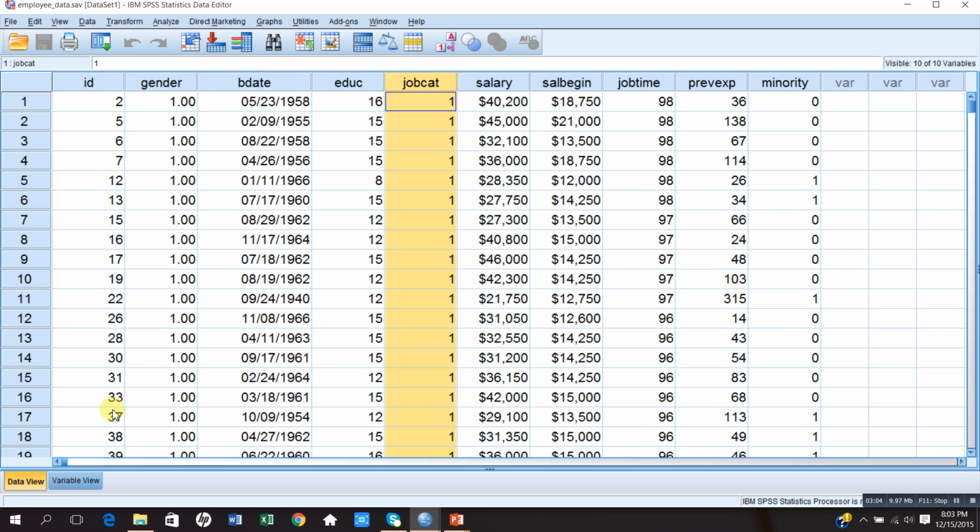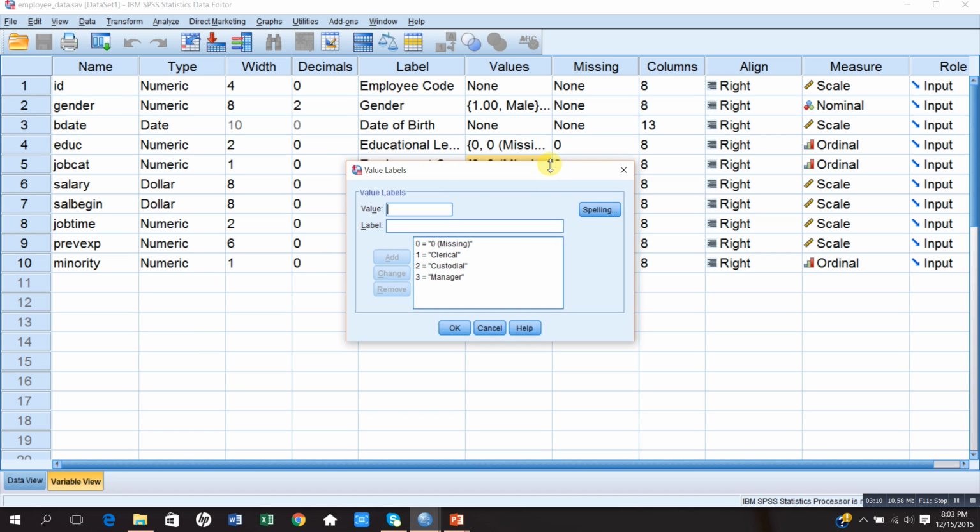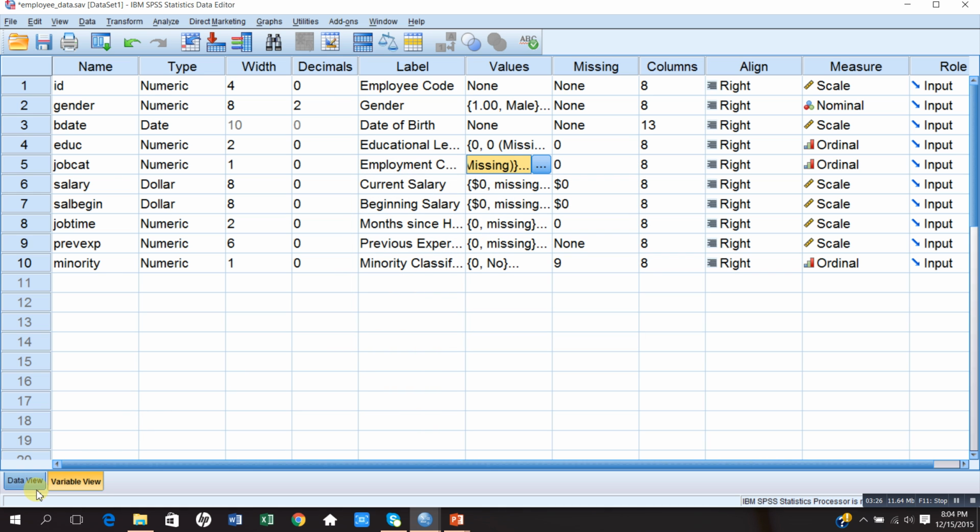It has three categories: one is clerical, two is custodial, and three is manager, and zero stands for missing value. Since there is no missing value, this is not meaningful. So I can compare the current salary of clerical versus custodial versus manager.